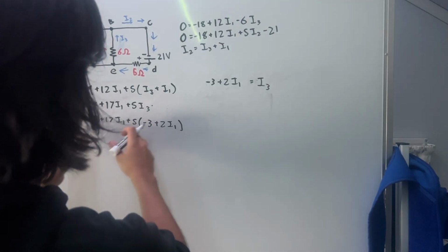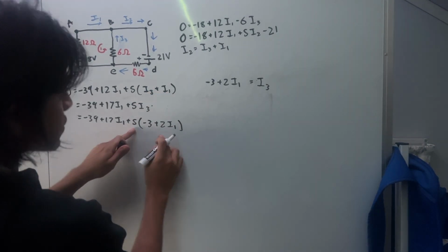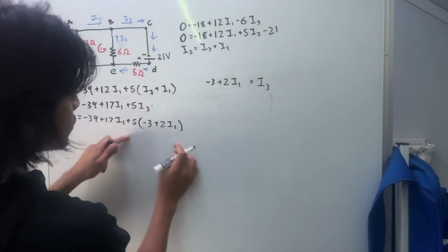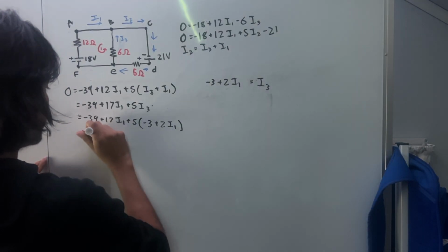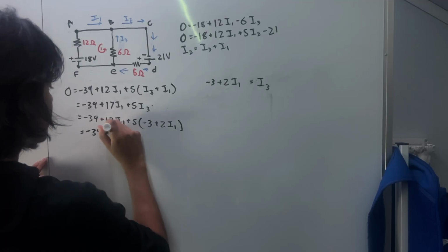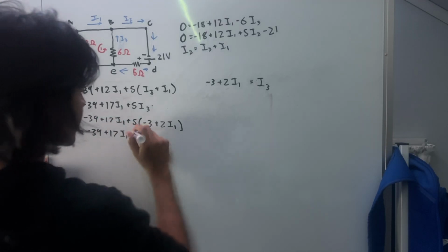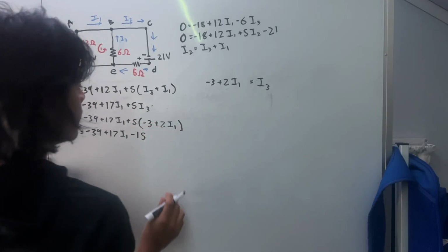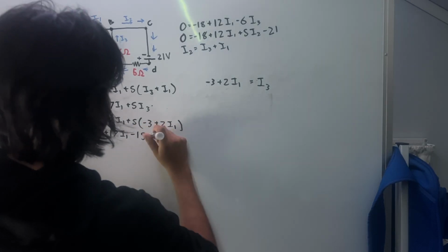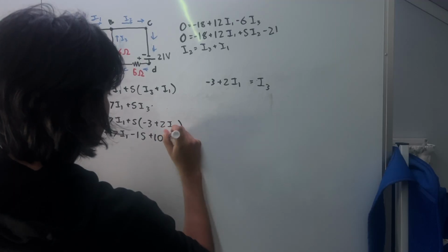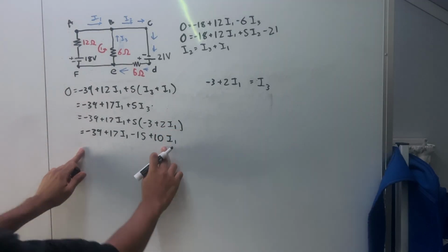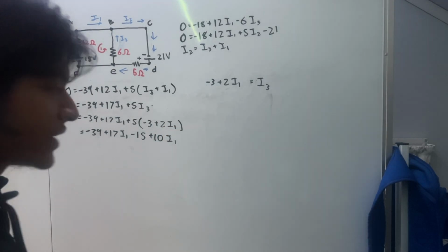So multiplying these two terms right here, we have negative 39 plus 17I1. Then here we would have negative 15. And here we would have plus 10I1. And again, we combine like terms.